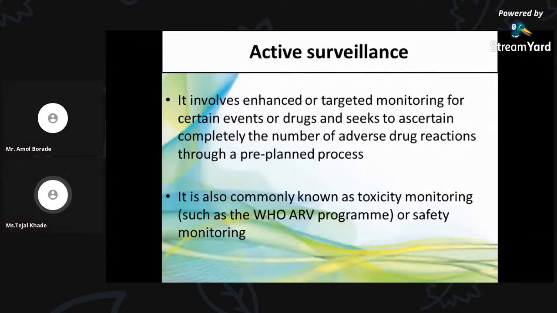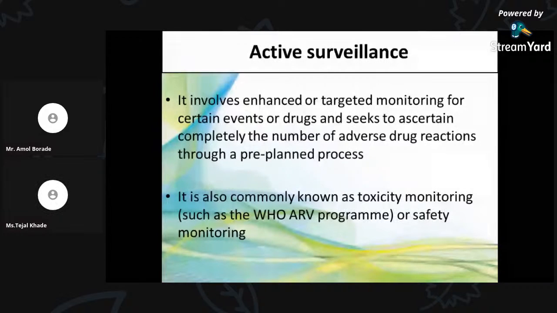So here we are targeting a specific event or drug regarding which the signal was generated in passive surveillance. Targeting of the event or drug is done in active surveillance and the number of adverse events is checked. So it is a pre-planned process.